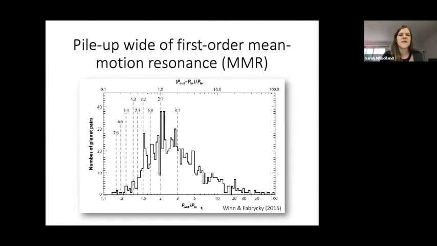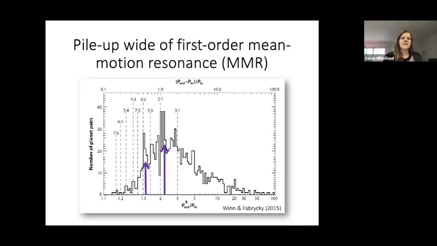And so this x-axis is the ratio of just two planets, the outer period to the inner planet, across many different systems. A feature that has been noticed as statistically significant here for some time now is that there is a bit of an excess of systems with period ratios just wide of the 3:2 and the 2:1 mean motion resonances, which are these integer period ratio relationships of pairs of planets.